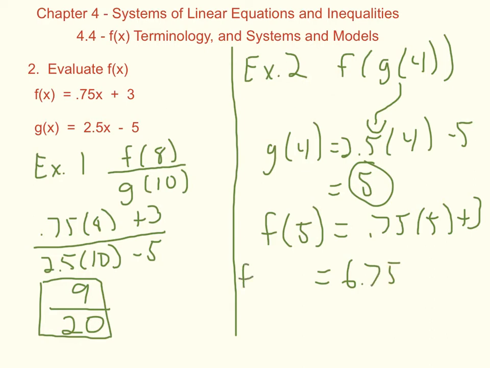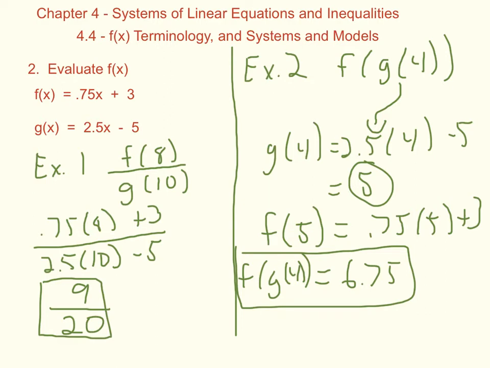So f of g when x is 4 is that value. Remember, work from the inside to evaluate the first one, then whatever answer you get in the first, you substitute it into the second one. And if there are 2 equations or 3 or 4, you keep doing the exact same thing. Inside to outside.